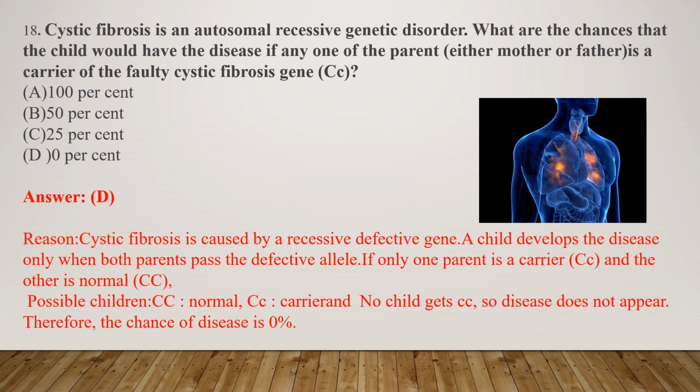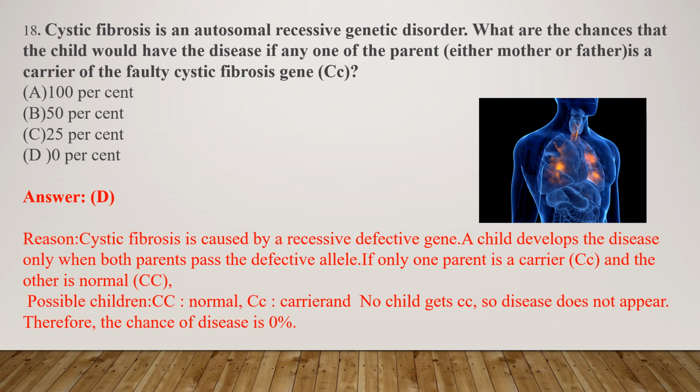Cystic fibrosis is an autosomal recessive genetic disorder. What are the chances that the child would have the disease if only one of the parents, either the mother or father, is a carrier for the faulty cystic fibrosis gene, that is Cc and CC? 100%, 50%, 25%, 0%. The answer is 0%, because cystic fibrosis is caused by a recessive defective gene.